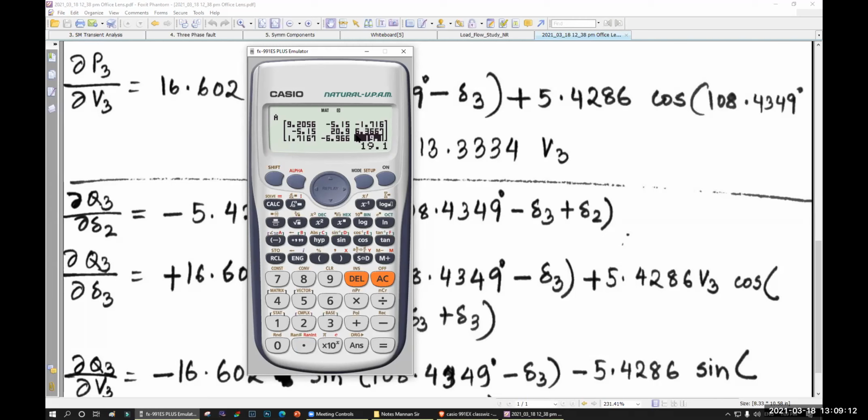You got it? So you just put the values in matrix A.